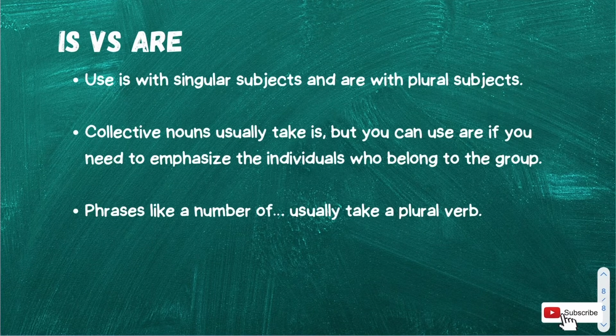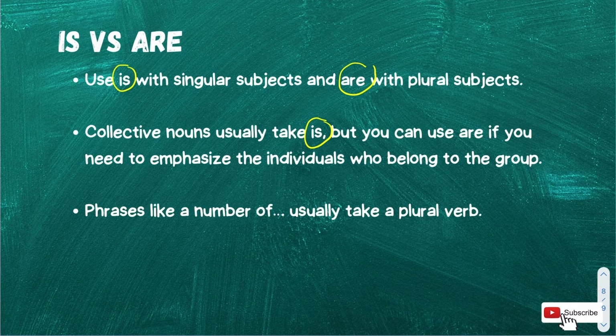And lastly, to sum it up, we use is with singular subjects and are with plural subjects. Tandaan yun. So, for collective nouns, usually, ang gagamitin natin ay is. Ano ba yung collective nouns? Like family, audience, team. Yan, mga collective nouns yan. Sa animals, meron din yung flock, herd.